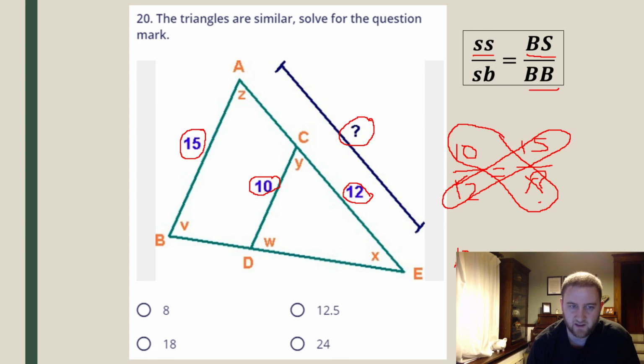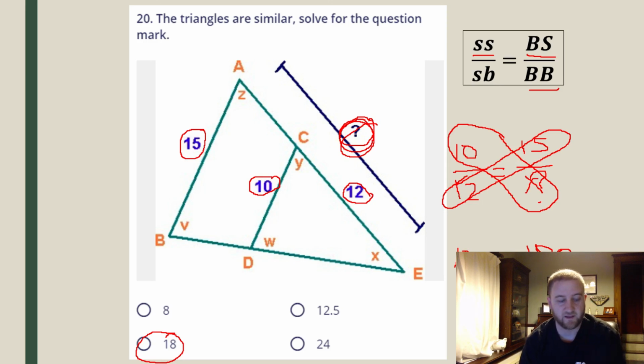Is that right? 12 times 15, no, it'd be 180. 180. Okay, and then to solve for x, we'll just divide by 10. And x equals 18. So this big side right here is equal to 18. Okay?